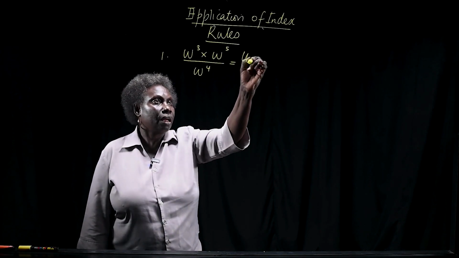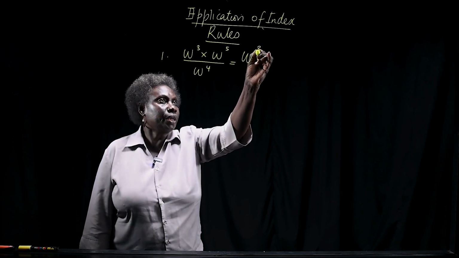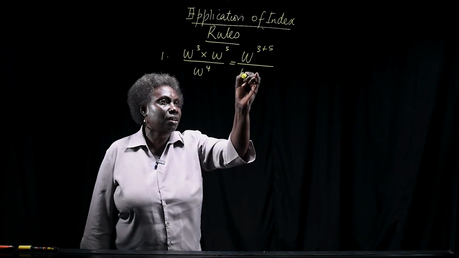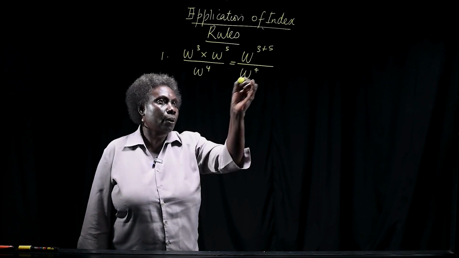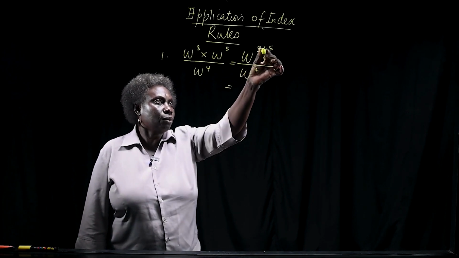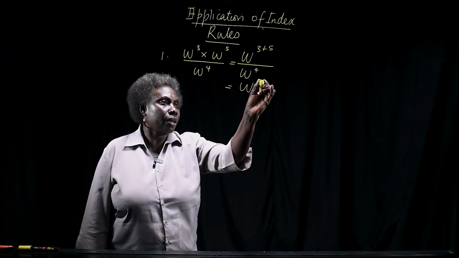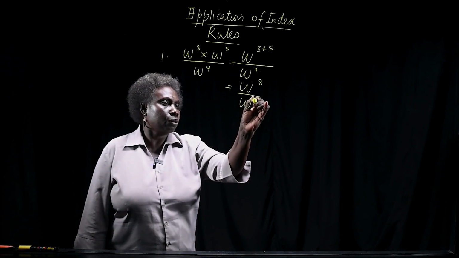So I have w to the power of 3 plus 5, since I am multiplying indices with the same base, over w to the power of 4. w to the power of 3 plus 5 is w to the power of 8 over w to the power of 4.